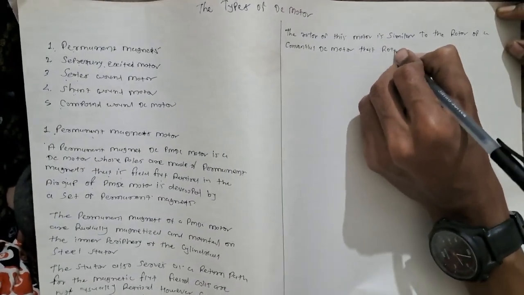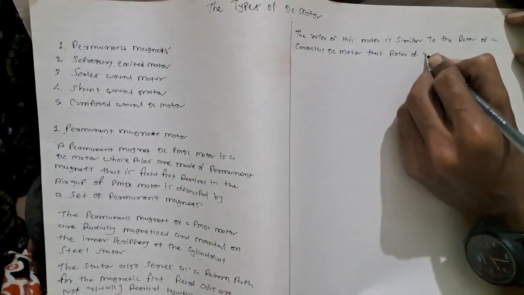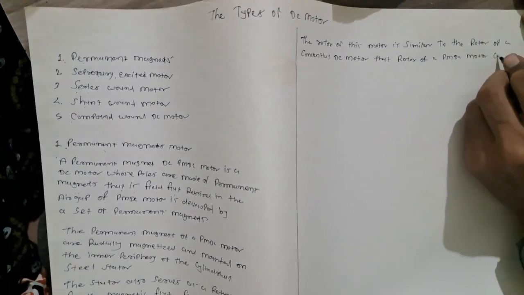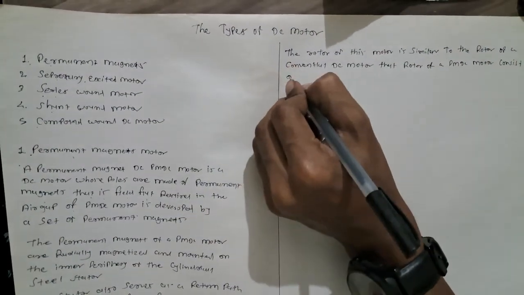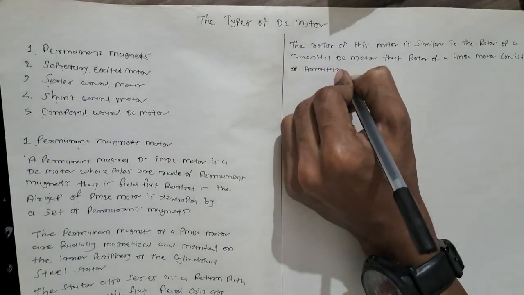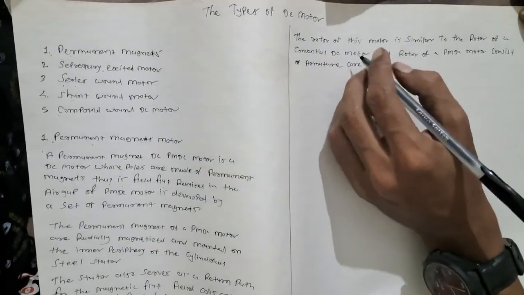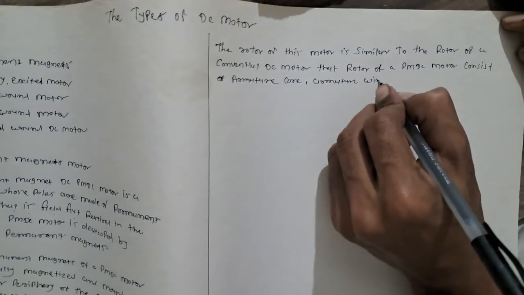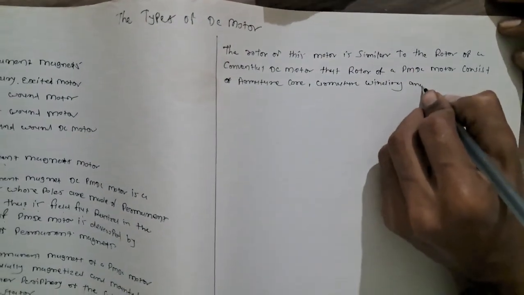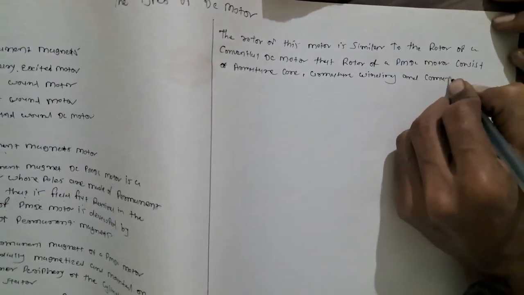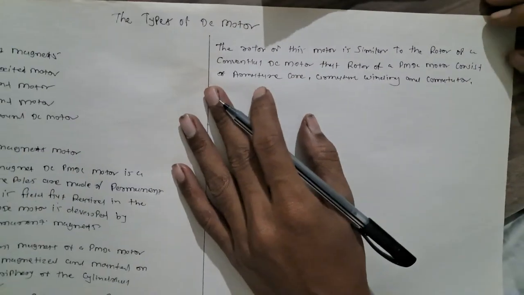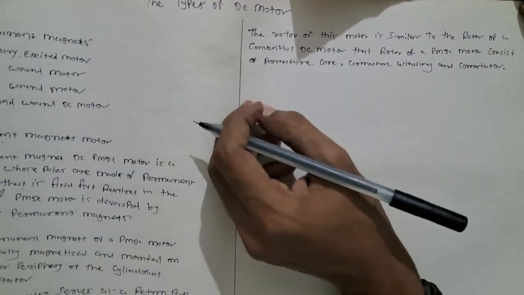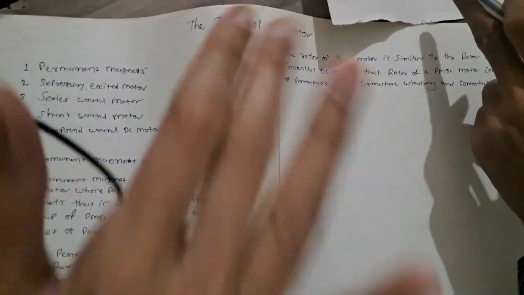That is, the rotor of a PMDC motor consists of armature core, armature winding and commutator. I am writing this.